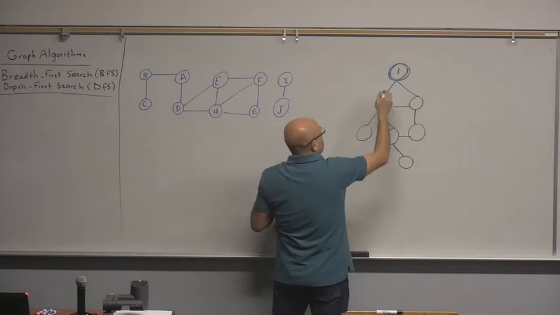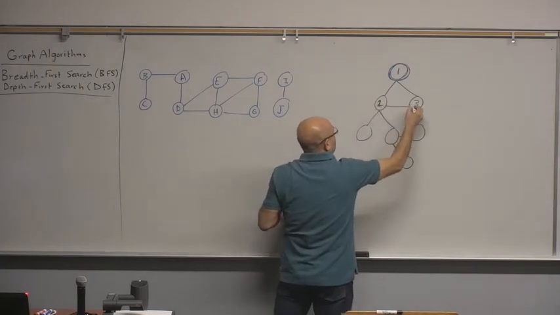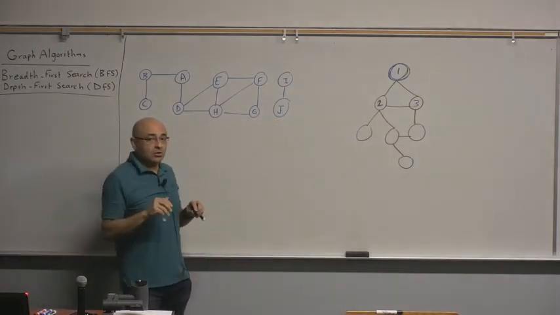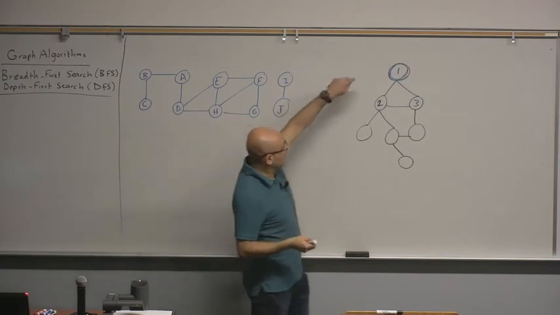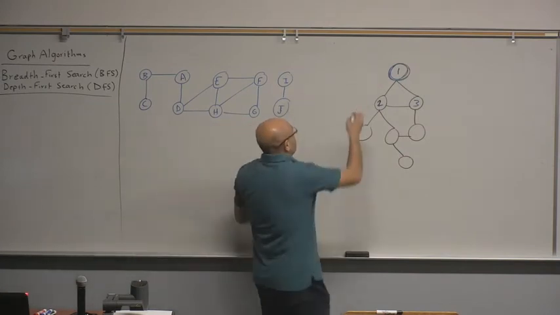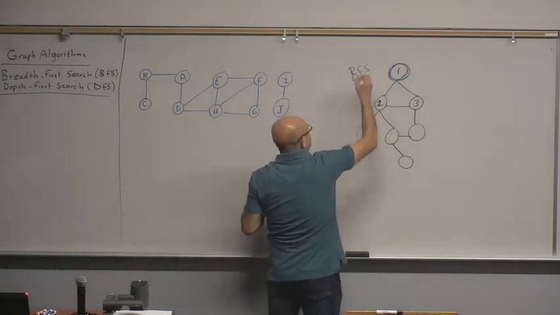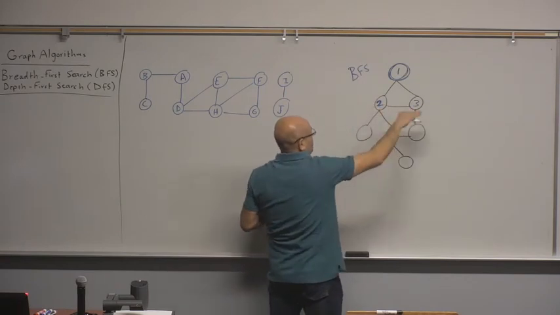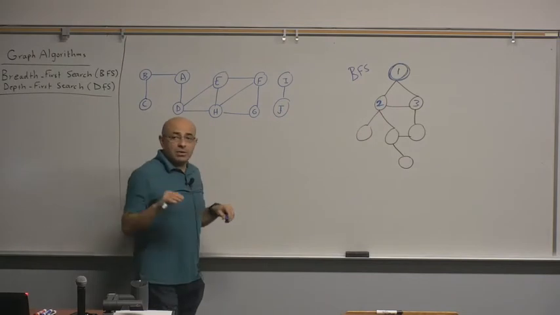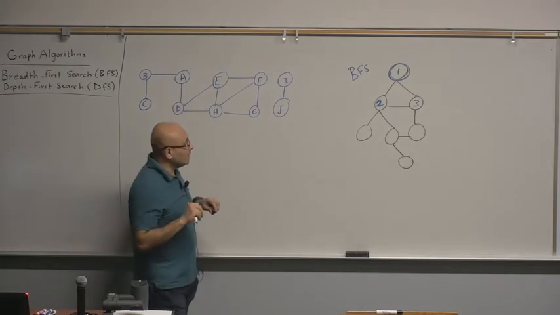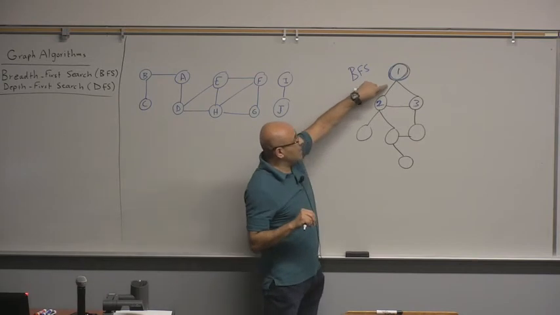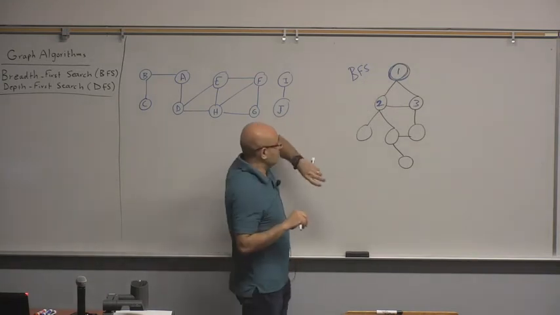Then I'm going to do the two vertices that are the nearest neighbors of my source or root vertex. So if I start from this, then in doing breadth, this is going to be 2, this is going to be 3, because these two are at the same distance from 1.